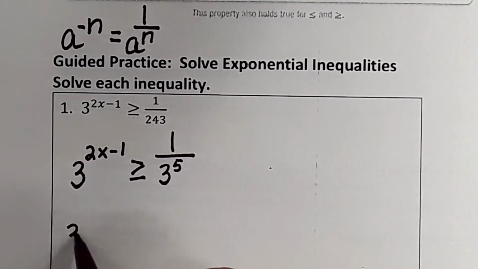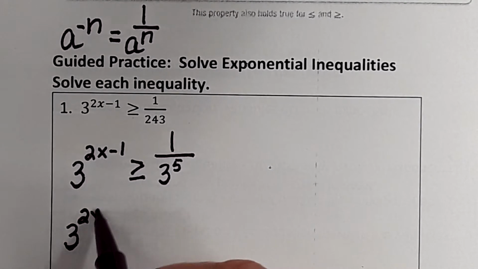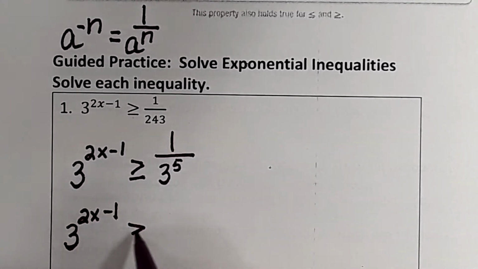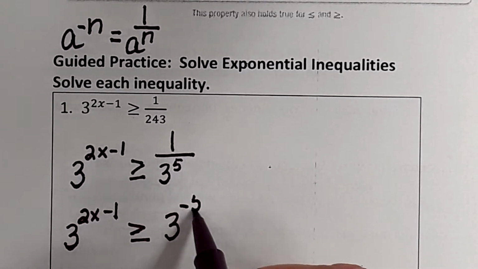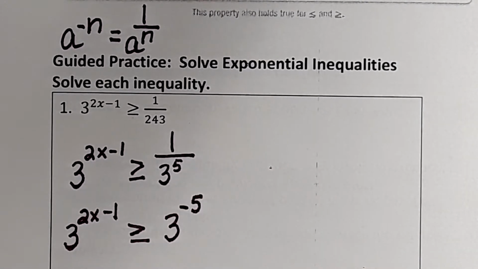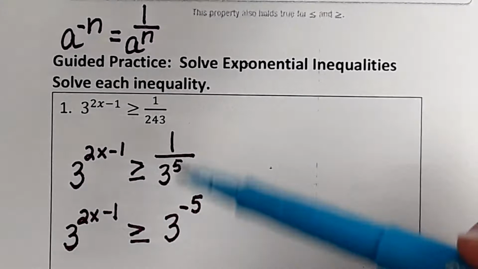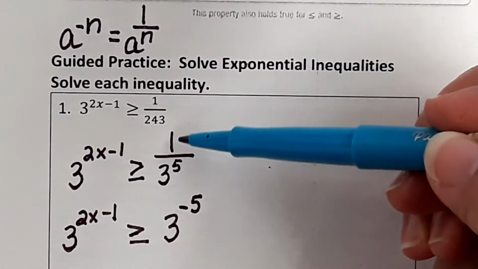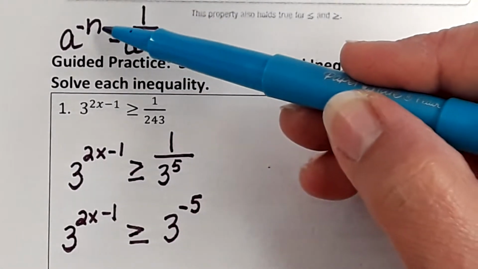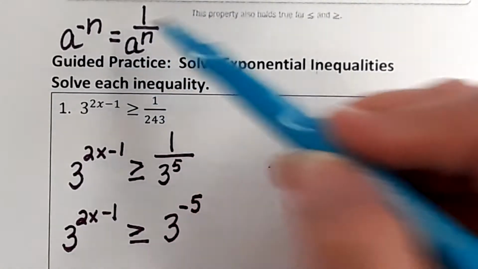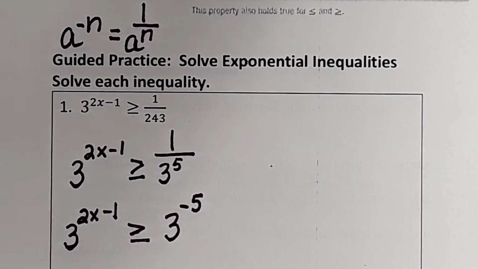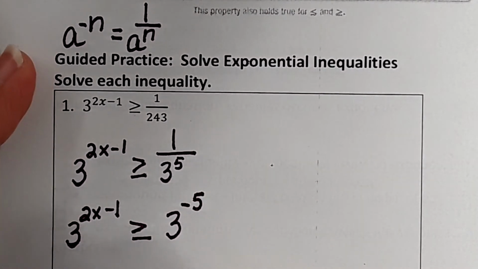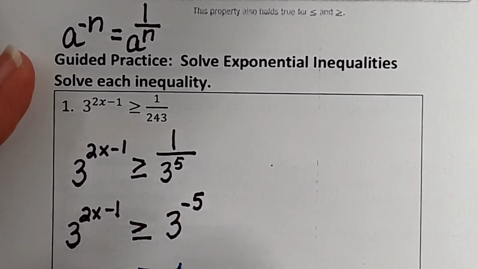So we're going to write 2x minus 1 is greater than or equal to 3 to the negative 5th power. So I just rewrote 1 over 3 to the 5th with a negative exponent, just like I showed you up here. Now, are the bases the same? 2x minus 1 is greater than or equal to negative 5.